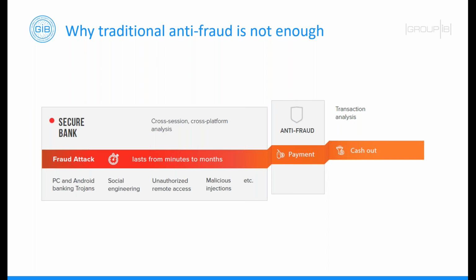A variety of fraud attacks can last from minutes to months. They involve PC, Android banking trojans, social engineering, unauthorized remote access, malicious injections. The transaction is almost the final step of the fraud, but a lot of things happen before it, and we think it is necessary to be able to prevent the fraud before the transaction actually occurs.